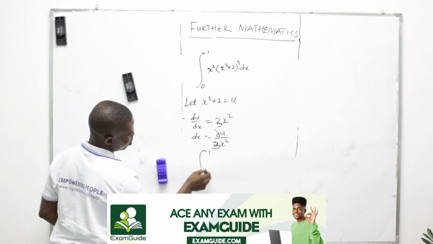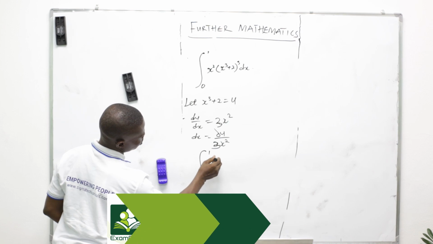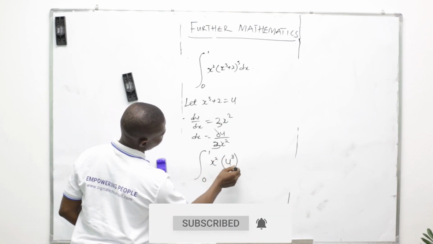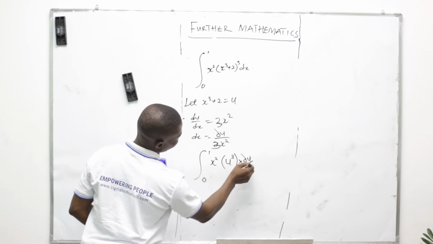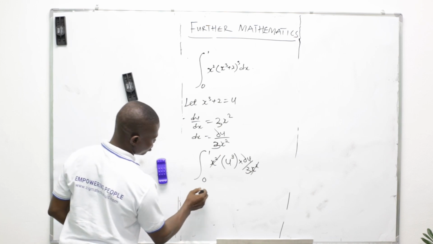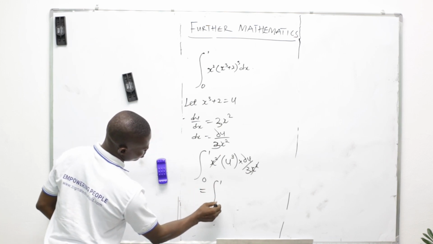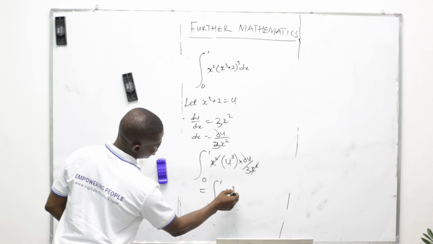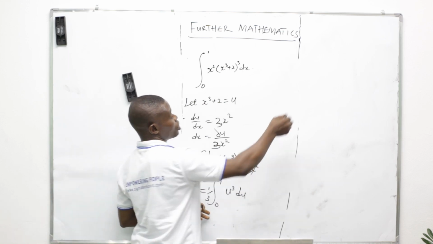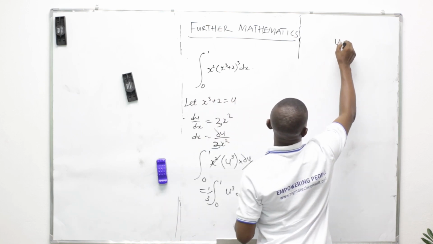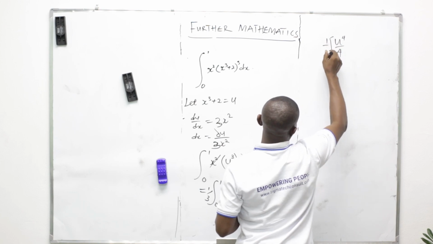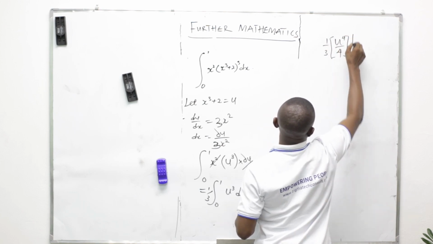Replacing it, we have the integral from 0 to 1 of s squared times u cubed times du all over 3s squared. Cancel s squared. What do we have now? The integral of u cubed times one third du. Integrating, we get u to the power 4 all over 4 into 1 all over 3, within the range.